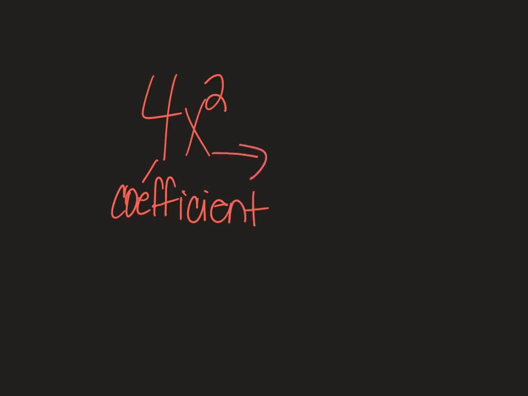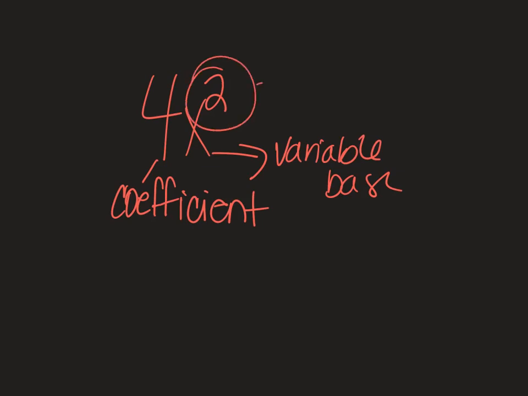It's a variable, but in this case it's really your base. I call it a variable base because it's the base of an exponent, because this is your exponent. But if I ask you that and you put variable or base, I wouldn't mark it wrong because really it is a variable and a base.